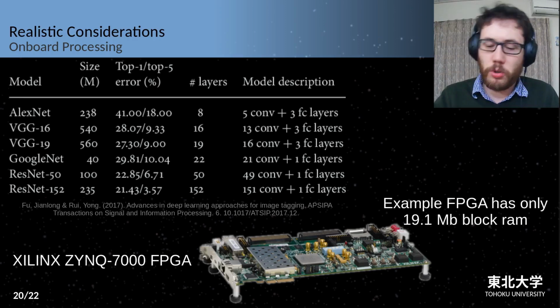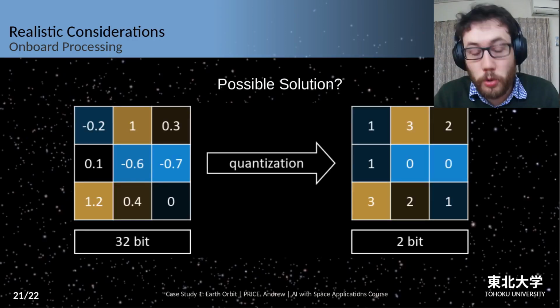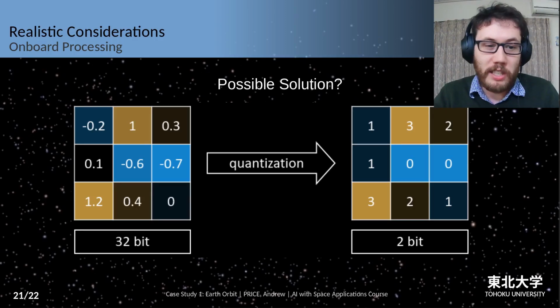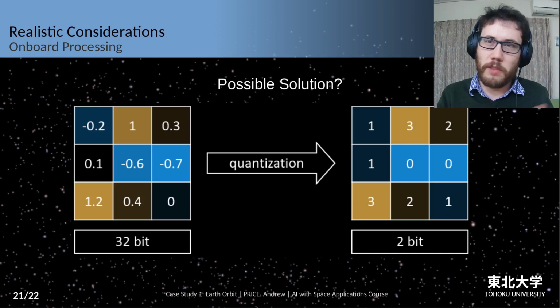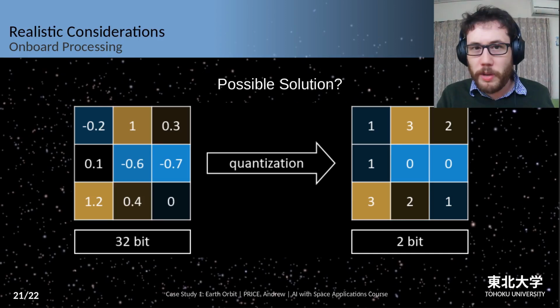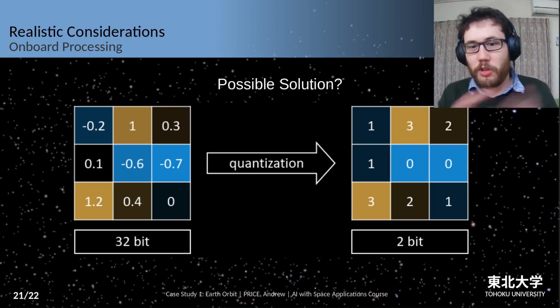There are a couple of different solutions to that. One of them is called quantization, and that's what I'm currently working on these days. I'm looking at how I can take a network which is working in, say, 32-bit or 64-bit floating point, and bring it down to 2-bit.